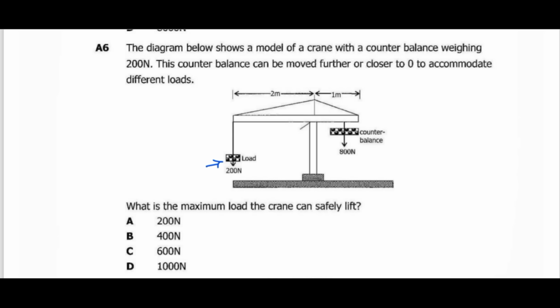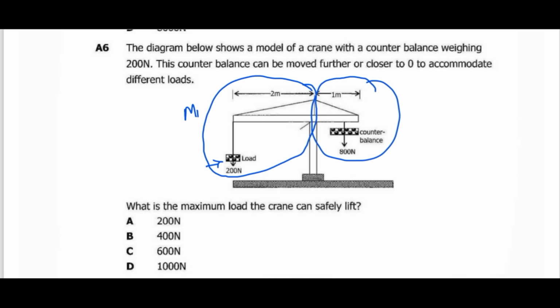So for us to understand this concept, we'll consider this as our moment 1, which is our anti-clockwise moment. Then we'll consider this one as our moment 2. Let's check if these two moments are equal.